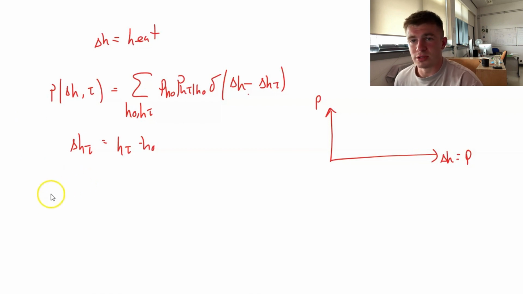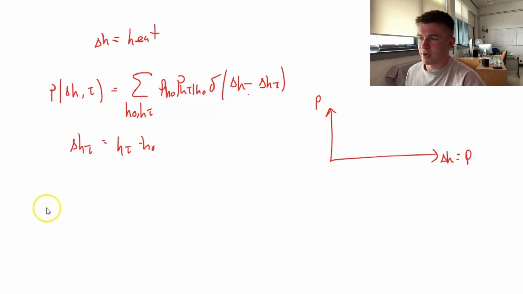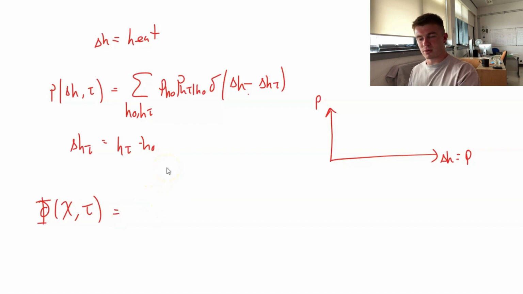And we can do this using the Fourier transform. So we define a characteristic function, which is going to be phi of chi at time tau, as the Fourier transform of this probability distribution. And what we will see is that we are able to find this characteristic function, which we can then simply inverse Fourier transform to get the probability distribution that we want.